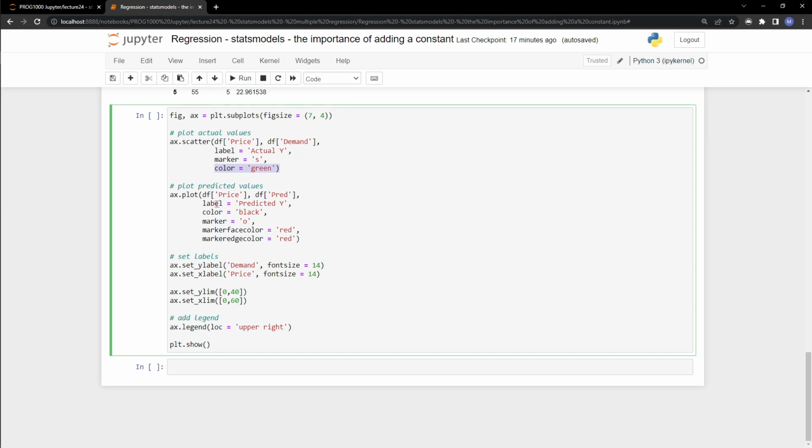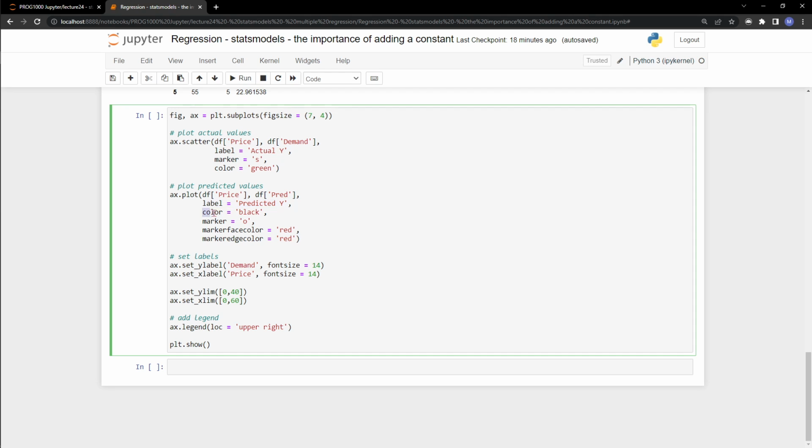And we have also the predicted values. So here we have a plot, and we plot price on the x-axis, and we have the predicted y values, the predicted demand on the y-axis, and we label this the predicted y.